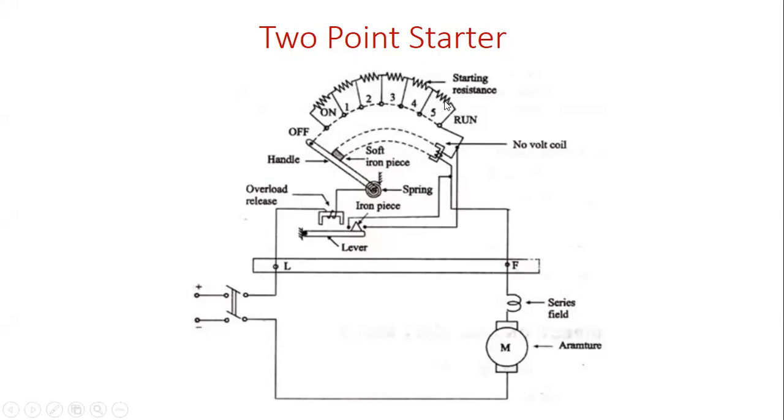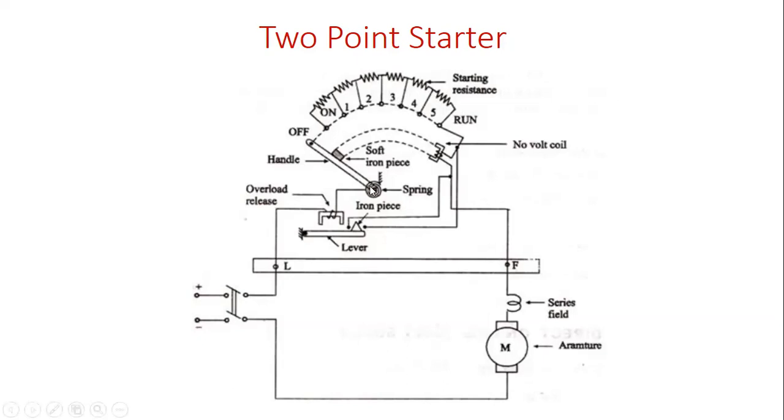So only 5 resistors will be available, whereas previously we had 6. As the handle is moved from off to on, from on to position 1, from position 1 to position 2, and it goes on, when it reaches the last position there will be no resistance available. So the maximum amount of current will be flowing here.